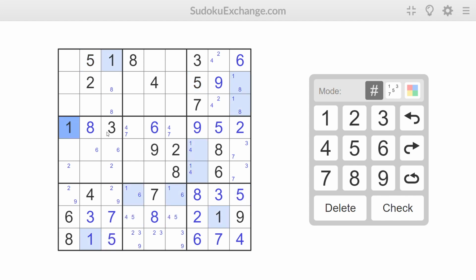Now in this box, these three cells are taken. This 5 sees this column, this 5 sees this column, so we're left with only these two cells which could contain a 5.